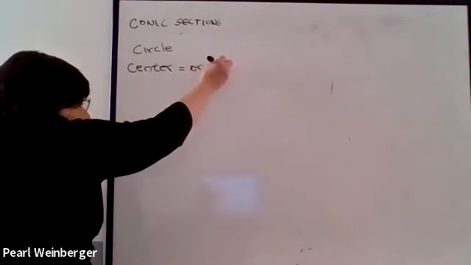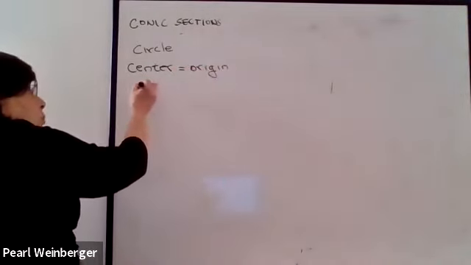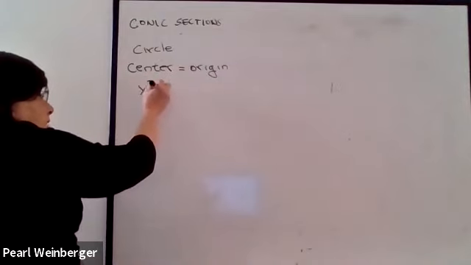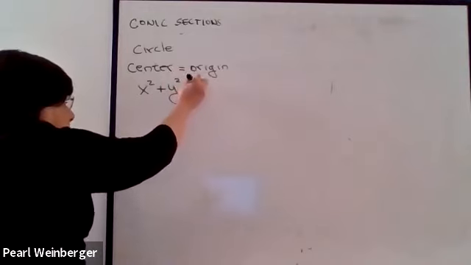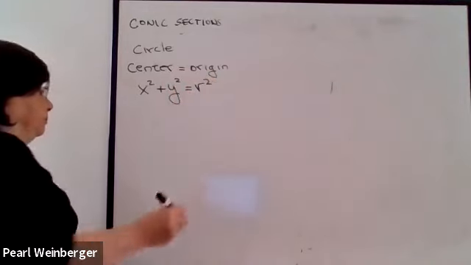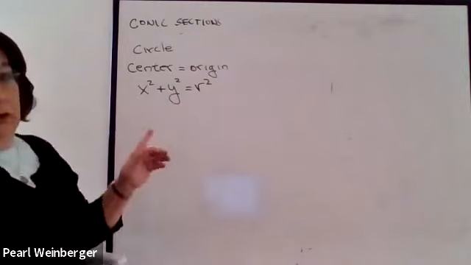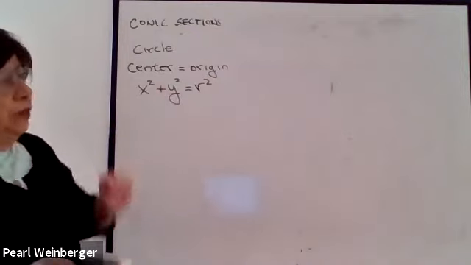And it turns out that the equation of that circle is x squared plus y squared equals r squared. I'll give you some examples and tell you what the r stands for.